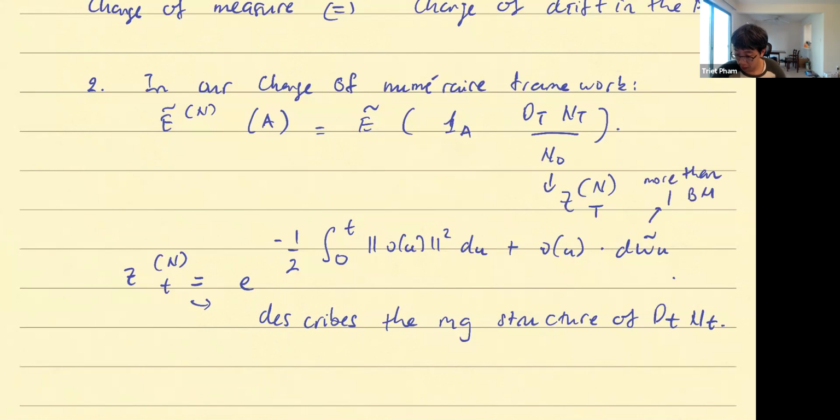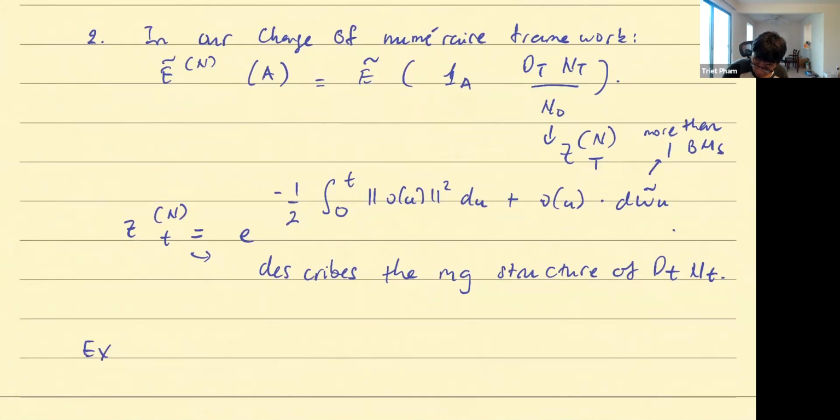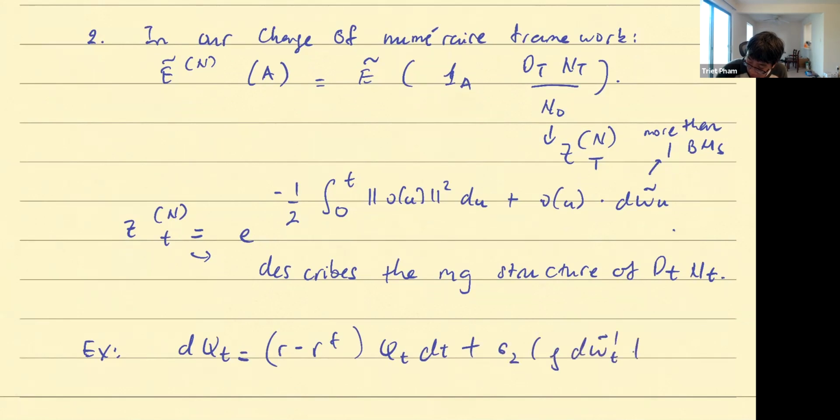If you remember, in our framework, dQ_t was (r minus r_f) Q_t dt plus sigma_2 times rho dW tilde 1 plus square root of 1 minus rho squared dW tilde 2.